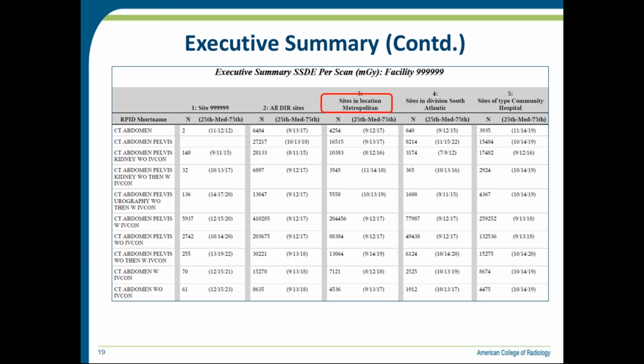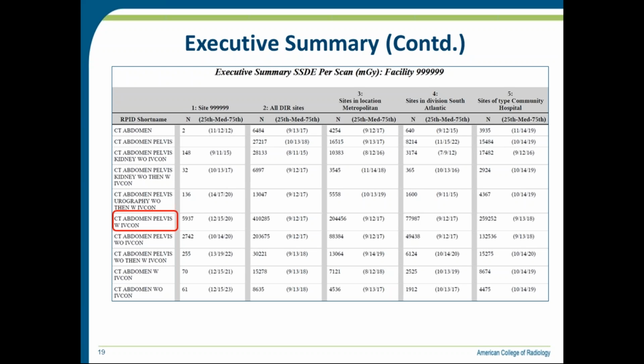Then comes the comparison with the metropolitan location, assuming that your site or this test facility was a metropolitan location. We are comparing with a similar location. We will compare with a similar census division and similar type of hospital. So if your hospital is an academic facility, we will compare it to the other academic facilities in DIR, and so on and so forth.